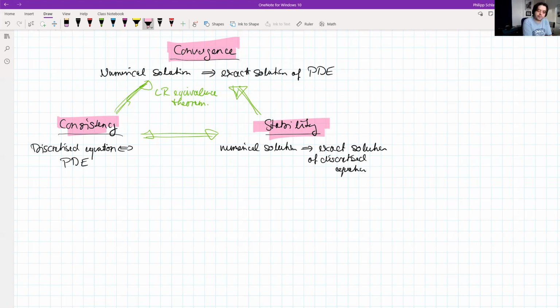Now, the exact form we did yesterday, and we wrote it down. Essentially, it's a norm of the difference between the exact and the numerical solution. The problem is, in order to determine convergence, we would need to have access to the exact solution in order to calculate this difference, and that is not always possible.